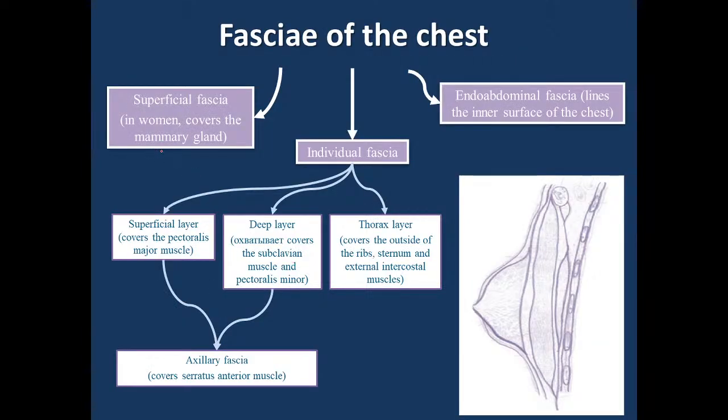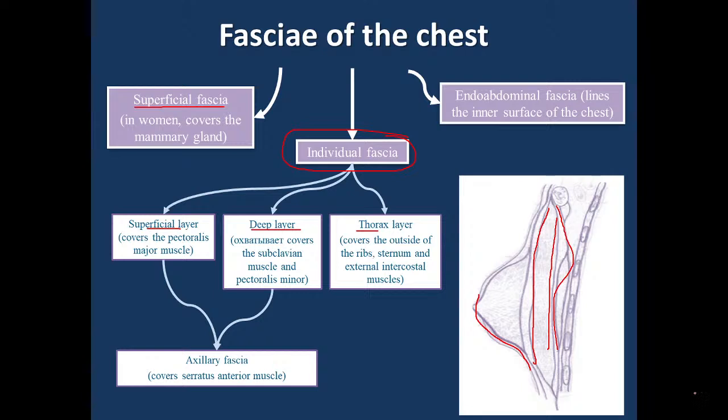Fascia of the chest is difficult. You see also a superficial fascia and proper fascia or individual, 3 layers: superficial, deeper, and thorax. Here you see this is fascia superficial, and here you see 3 layers of propria fascia: superficial, deep, and thorax fascia.